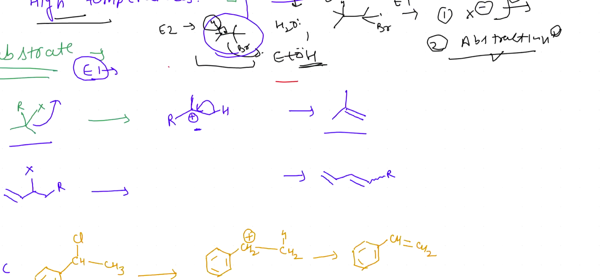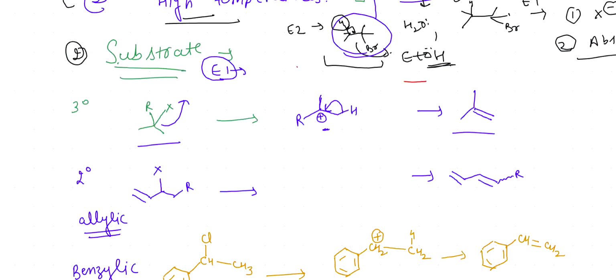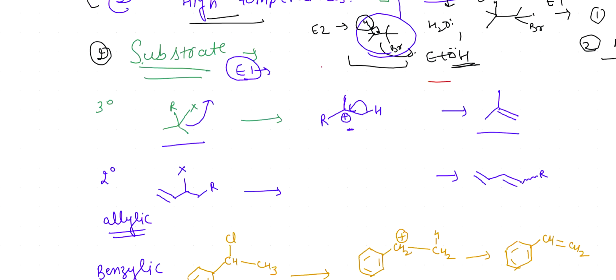Let's study about the nature of substrate. Look at the first example. In this, I have taken tertiary alkyl halide. So if it is proceeding via E1 mechanism, in E1 first is removal of leaving group. So we have removed the leaving group from here and there is formation of a carbocation.